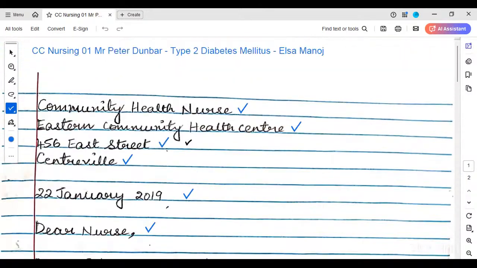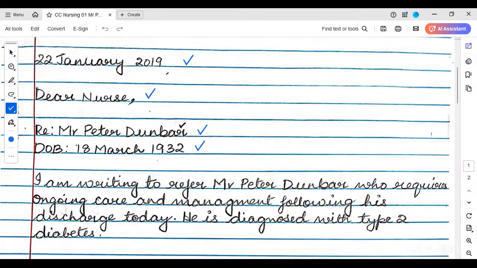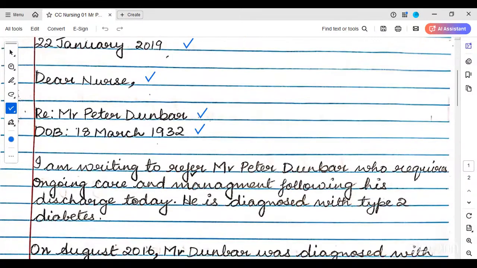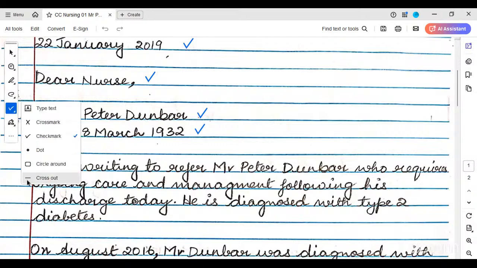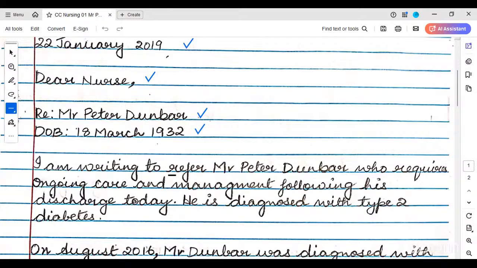Now coming to the point, let us see one by one. I am writing to refer. Is this, you are writing to refer? I believe not. You're not referring. You're writing to transfer the care of Mr. Peter Dunbar. So this is point number 1.